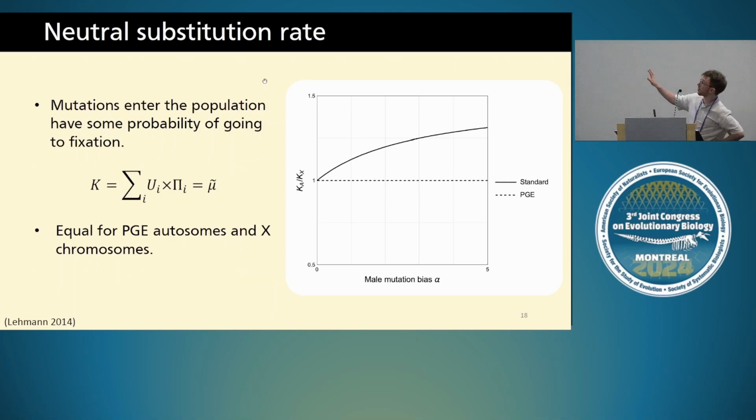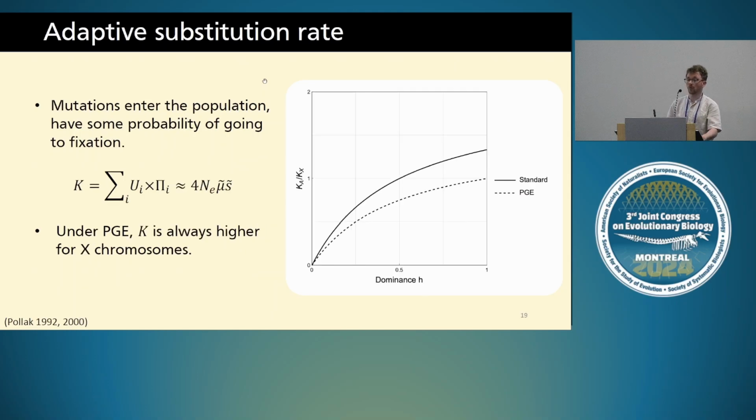We can see that on our plot on the right-hand side here. I've imagined there's some kind of male mutation bias, which is quite common, and in our PGE systems, that shouldn't affect the relative substitution rate. That's unlike a standard system, where the male mutation bias will affect the relative substitution rate for our neutral alleles. Okay, well, what about beneficial variants?